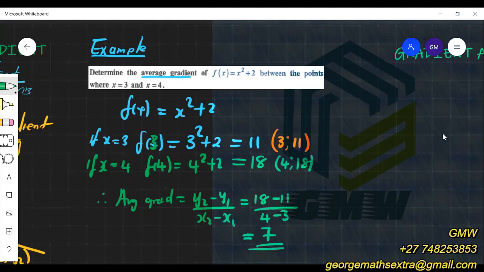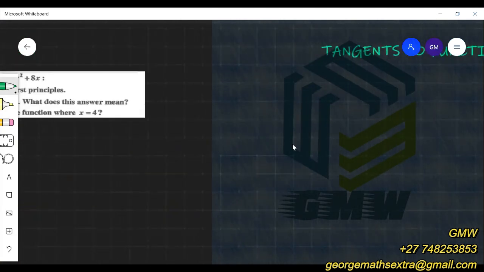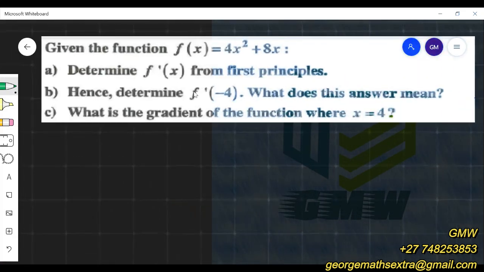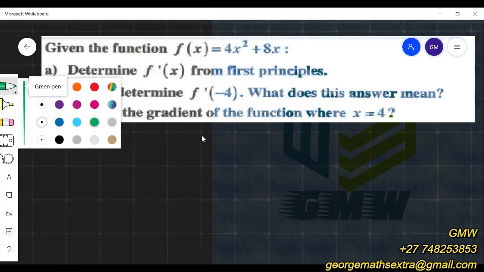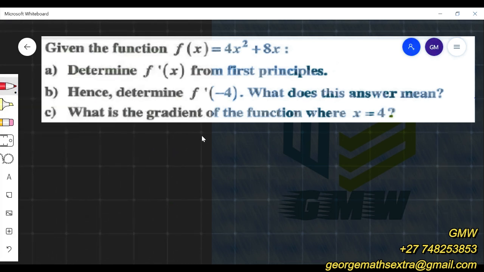Okay. Gradient at a point. With gradient at a point, I'm going to use this example quickly to explain how it works. We are given the function f of x equals 4x squared plus 8x, right? So I'm going to modify this question. The first one: determine f prime of x.